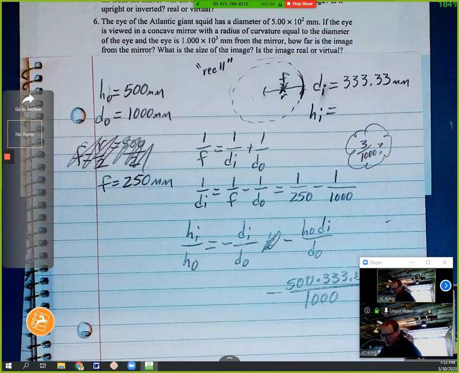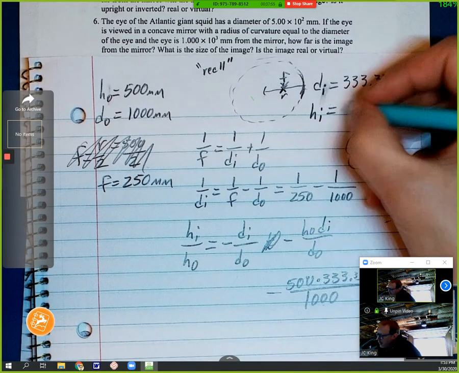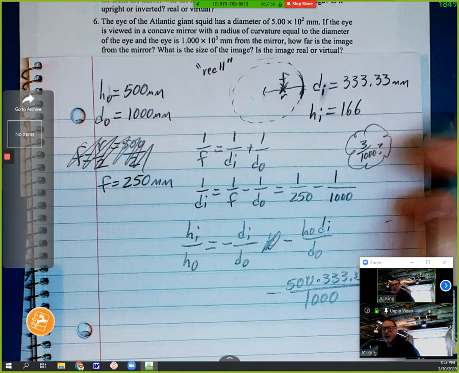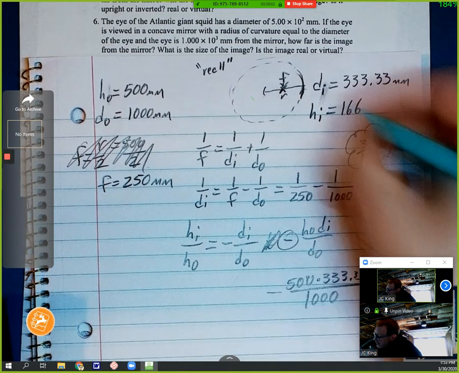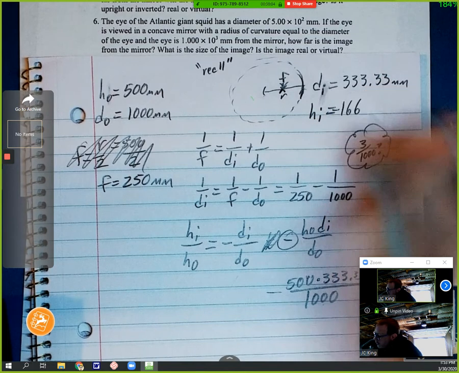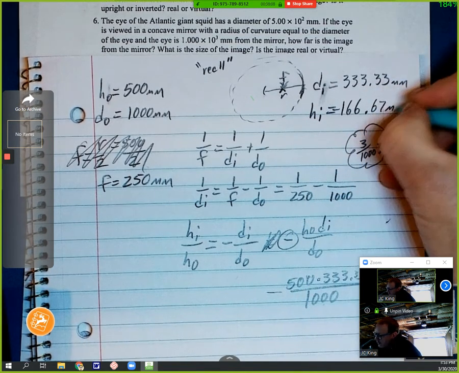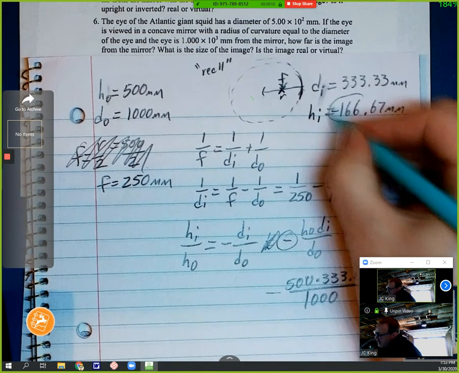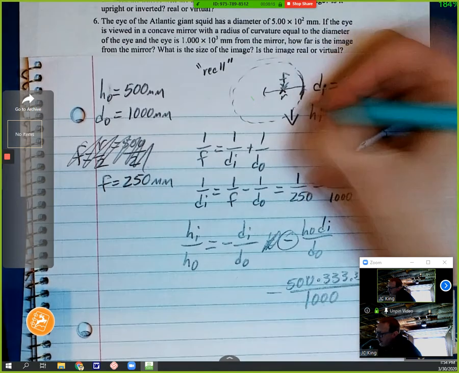Yeah, I get 166.665. So the height of our object is 166. Oh! Almost forgot about the negative. So it's going to be negative 166.67 millimeters. And it's negative, and again, that tells us that it's real, but it's also inverted.